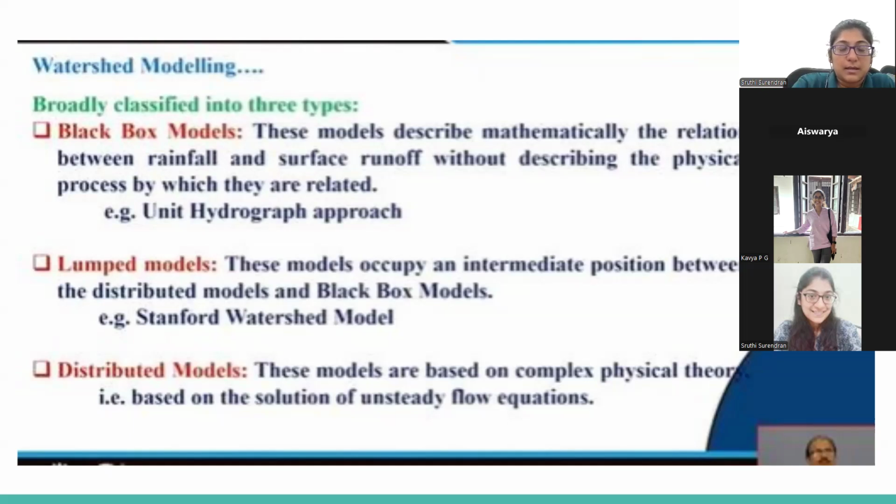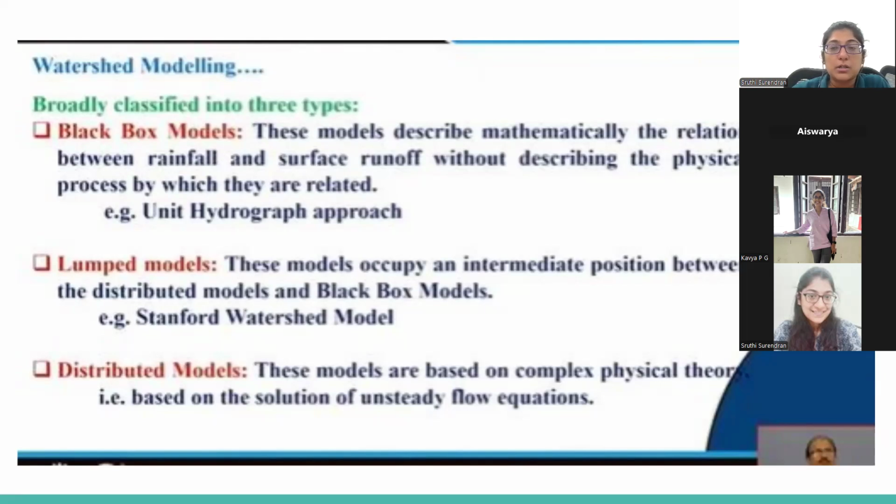Now, there is another category of model called distributed models, which are very complex. Every process is described by a set of physical equations. It is an equation-based model where all the processes, occurrence of rainfall, the movement of water, infiltration, evaporation, every process the model takes care of is described using proper physical-based equations.